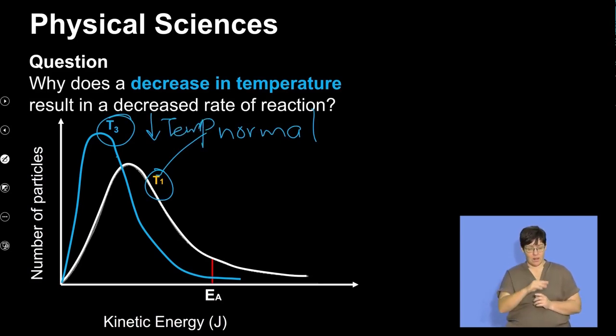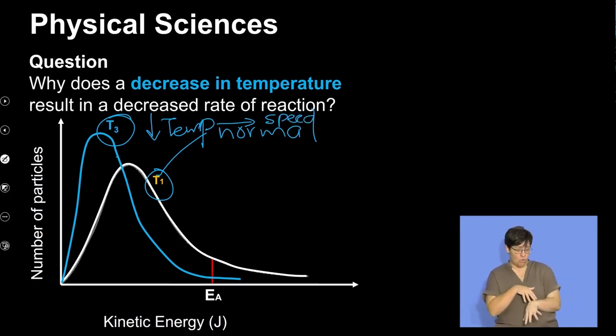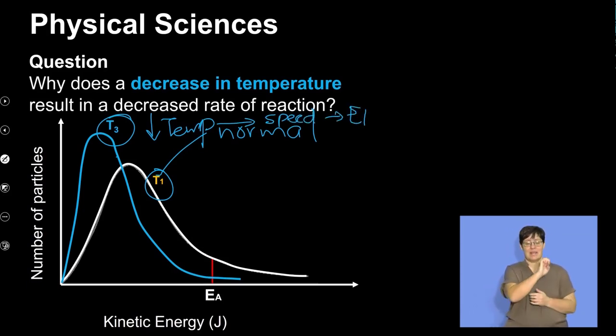Now we know temperature is linked to the speed, and that speed is linked to the kinetic energy. So if we look at our distribution, we now see that from the normal curve, I have a higher peak, and my peak is more to the left.